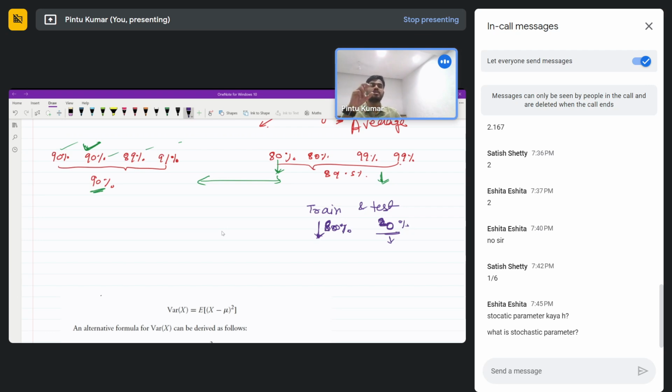It is not necessary that you will get the same data points that you got initially. So if there is a slight change in data points, then that will reflect in your accuracy level also. Like in many other parts, whenever you are training a model, the situation can arise that when you are retraining that model, some parameter values can change. That is what is known as stochastic parameters.